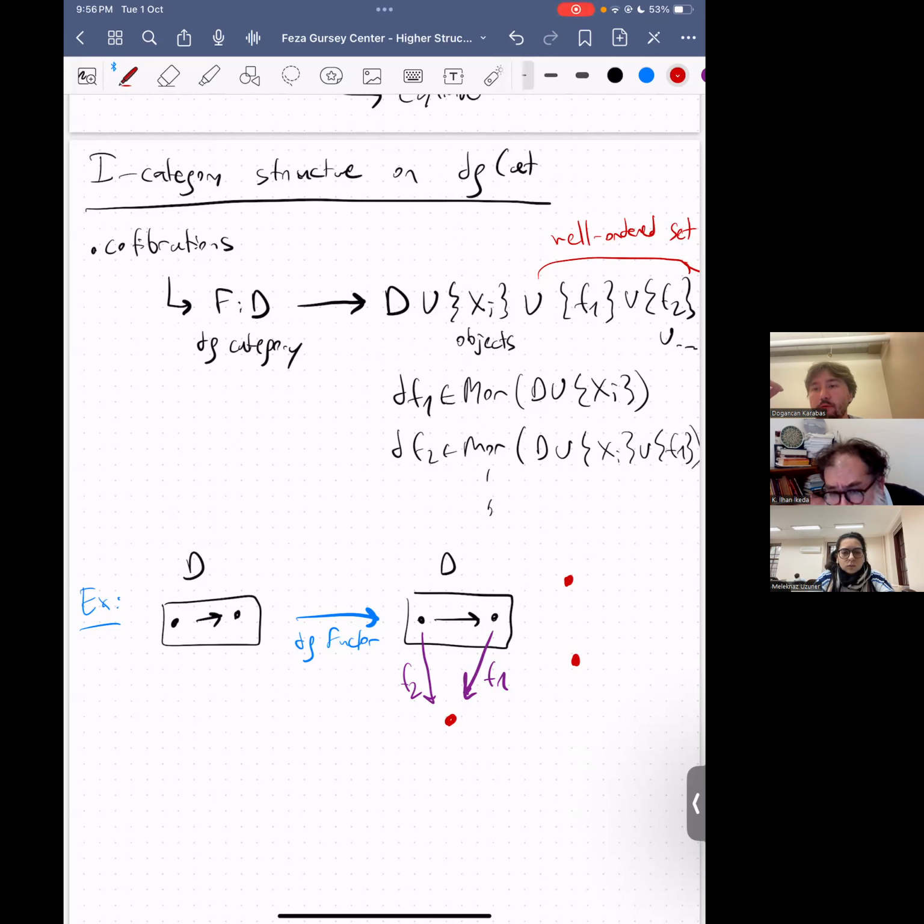They form a well-ordered set, basically. Positive real numbers are not a good example. But anyway, it can be uncountable indeed.